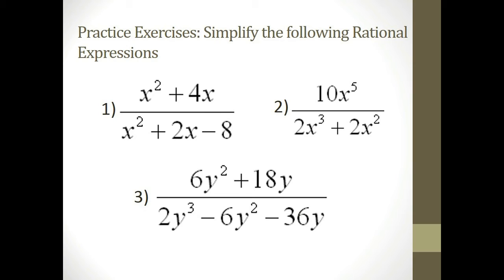Number 3. 6y squared plus 18y all over 2y cubed minus 6y squared minus 36y. Go ahead and pause the video. Once you're done, press continue to see how the answers were derived.